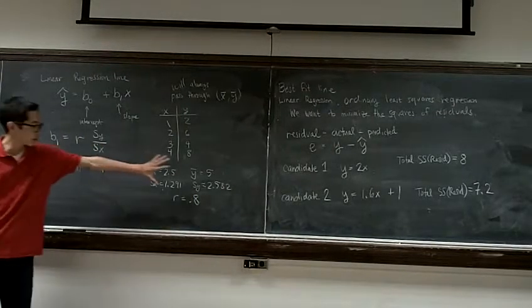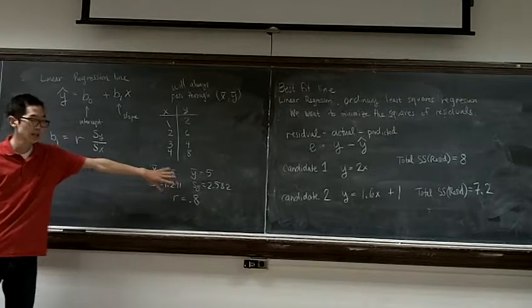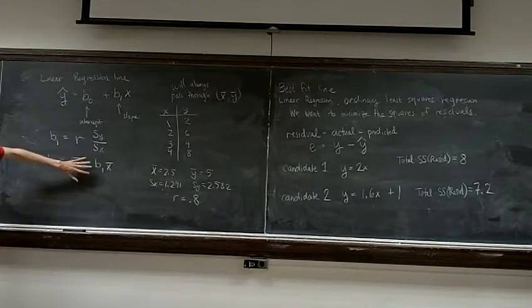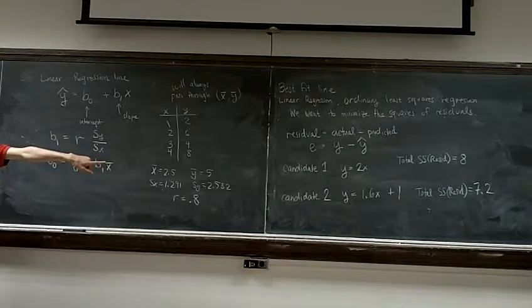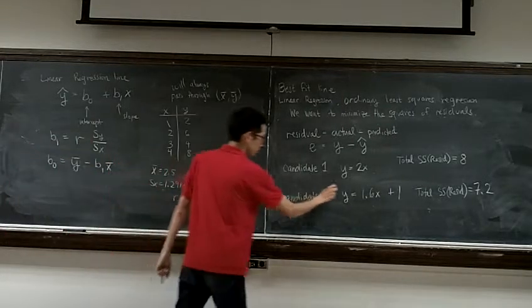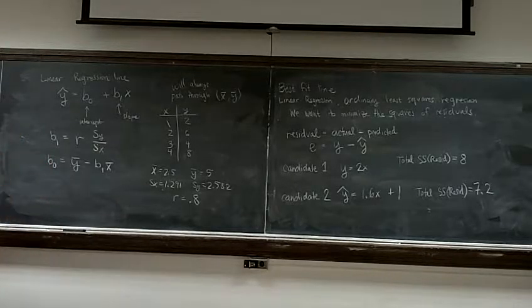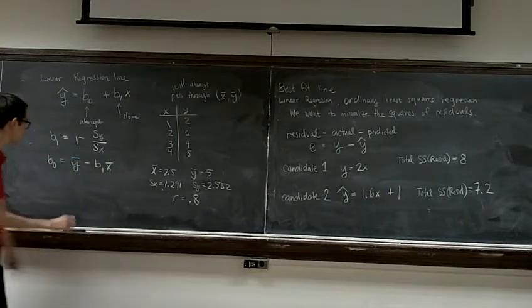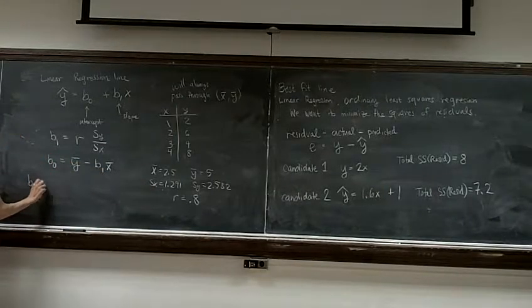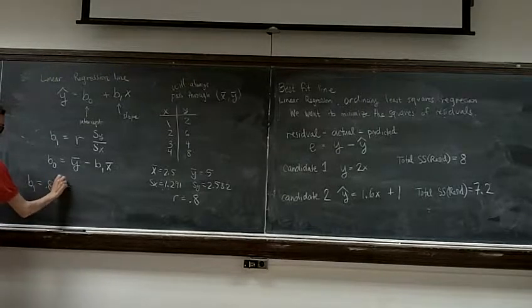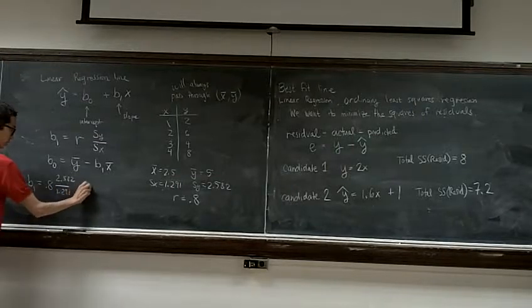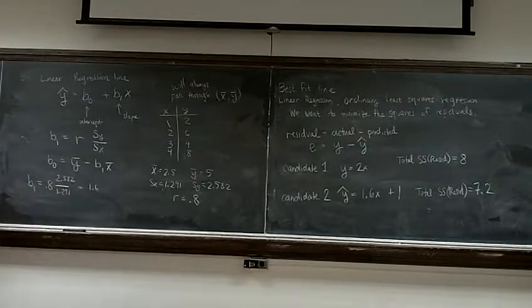I used these 5 numbers, plugged them in, and that's how I got y hat equals 1.6x plus 1. So for the slope b1, I plug in 0.8 times 2.582 over 1.291. I get a slope of 1.6.